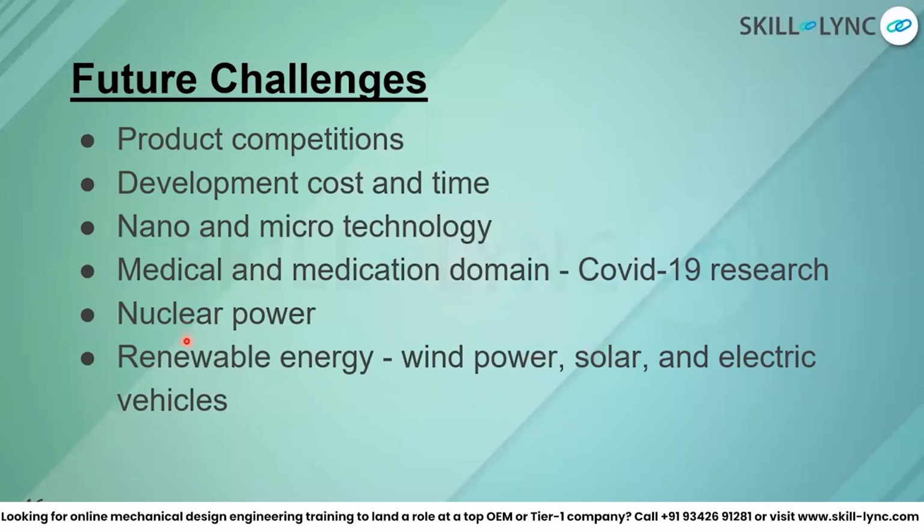Nuclear power, of course, combustion, and renewable resources, of course. The best example is the electric vehicles. In the last decade, I guess, we have seen a lot of electric vehicles. Last week, Ola came up with the Ola scooter to break the stereotype market.